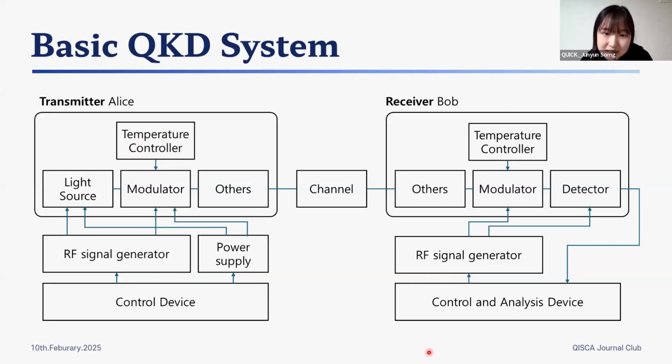And on the receiver side, the setup is almost identical to the transmitter with one key difference, the detector. Since we're usually attenuating the laser down to the single photon level, a highly efficient photon detector is essential for accurate results.